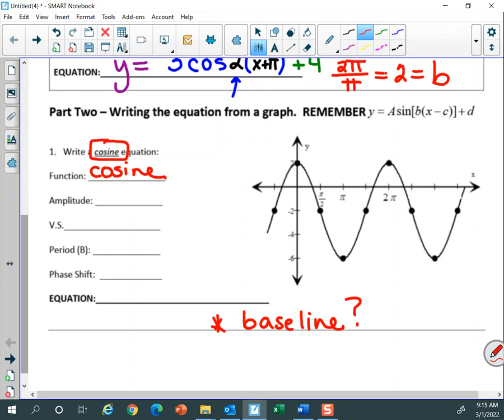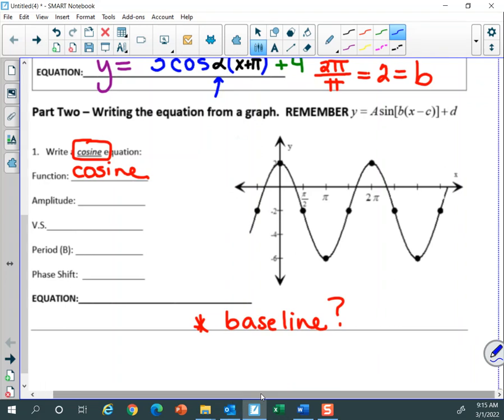And if we can't see our baseline, we can find the maximum value and the minimum value. The baseline is going to sit halfway between the maximum and the minimum.